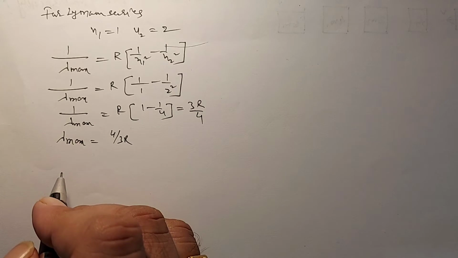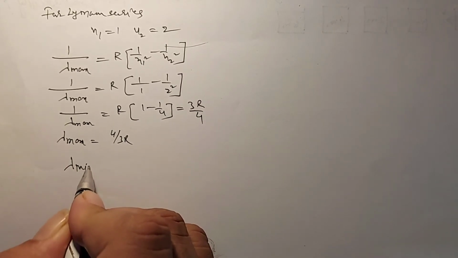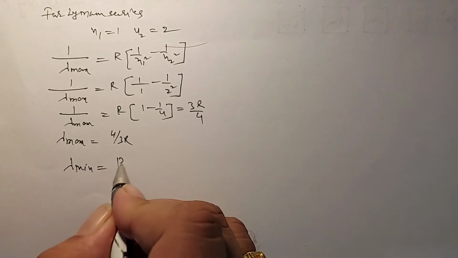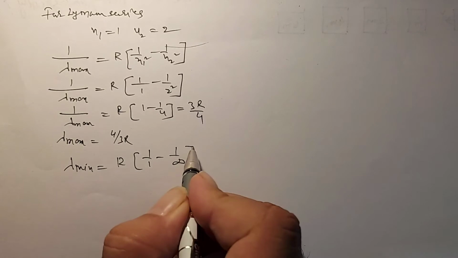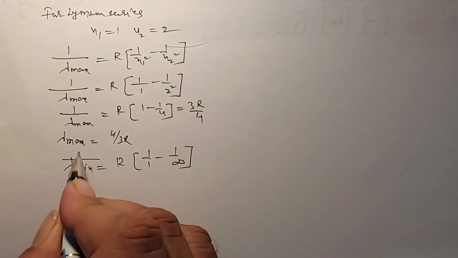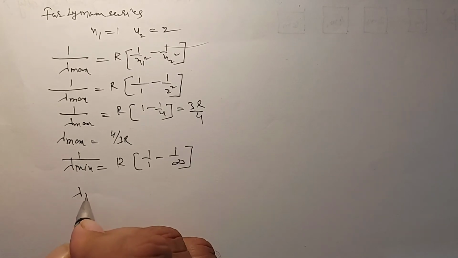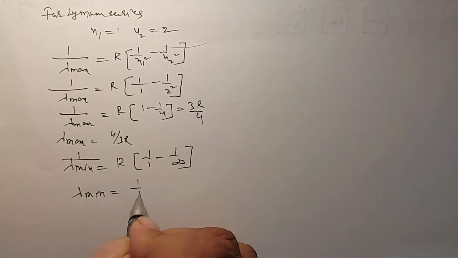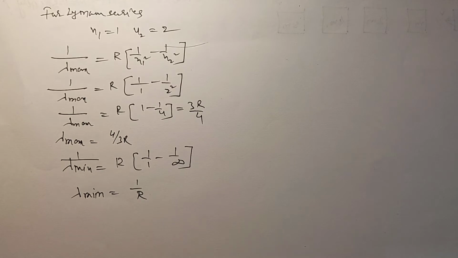In that case, minimum wavelength is emitted. So 1 by lambda minimum is equal to R into 1 by 1 minus 1 by infinity. So lambda minimum is equal to 1 by R.